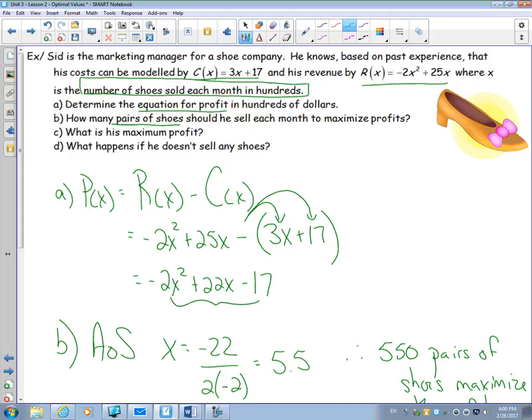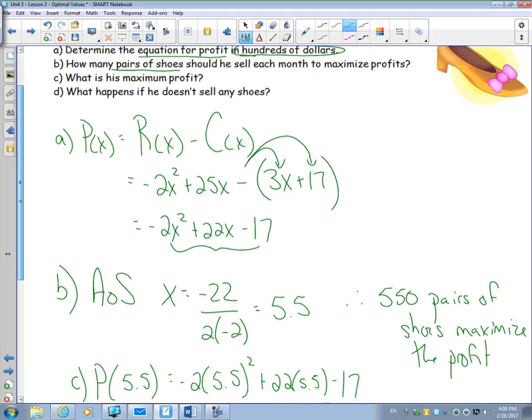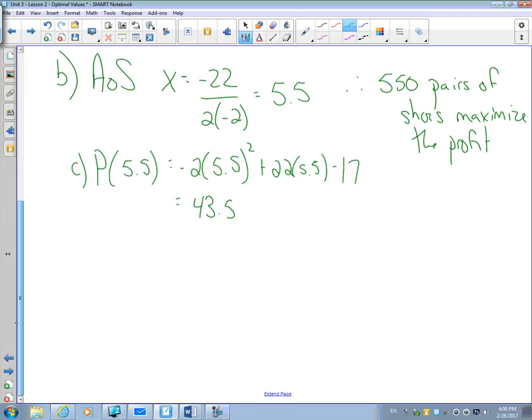In hundreds of dollars, right there, part A. Okay, so 43.5 hundreds of dollars. So what does that actually mean? That means the max profit, if we times that by 100, is $4,300.